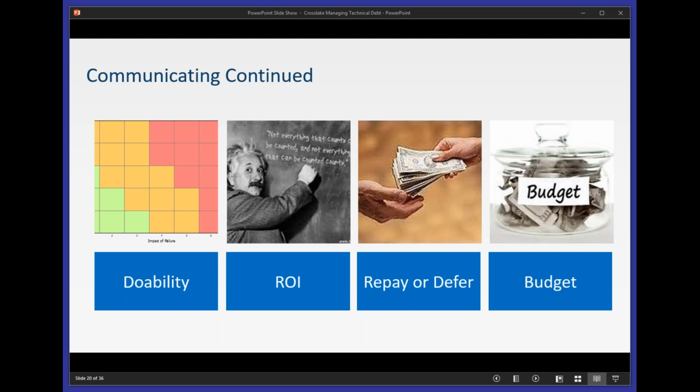The second element is the decision-making framework. If you're a new CTO or a new organization looking to invest in an organization, what you want to be able to do is make sure that moving forward there is a systematic approach to manage technical debt.